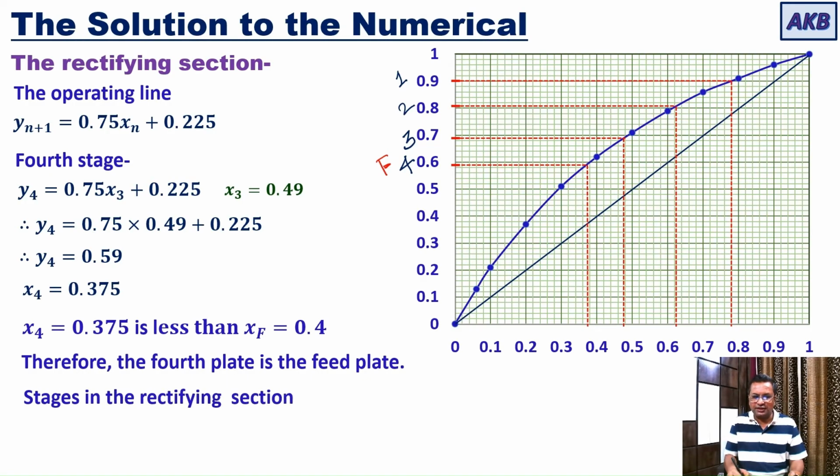The stages in the rectifying section are the first stage, second stage and the third stage. So this is stage number 1, stage number 2, stage number 3. These are in the rectifying section. I hope you are understanding the steps. If you have any doubts, please mention that in the comment section.